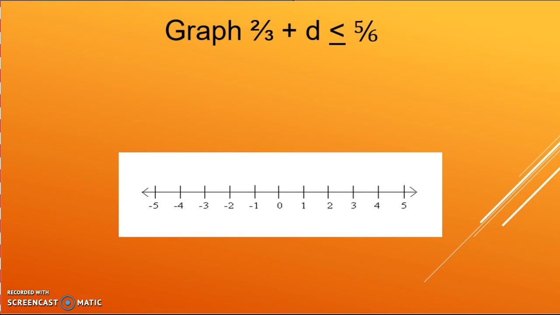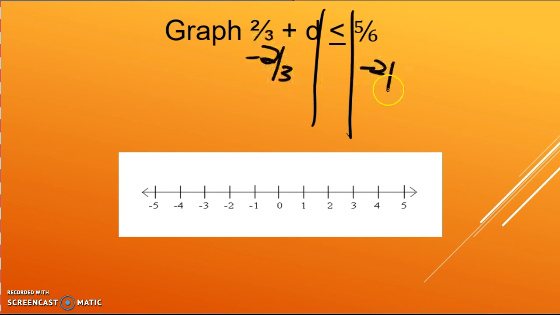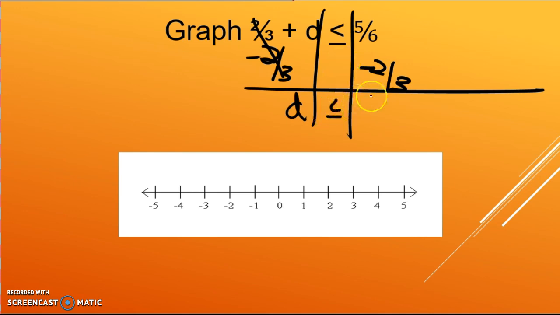Alright, for this one, I need to solve first. Train tracks here. I'm going to first subtract 2/3 from both sides, because that 2/3 is bothering my variable here. So I'm left with d is less than or equal to, and now I have to do 5/6 minus 2/3. I know that right now I can't do that because I need my common denominator.